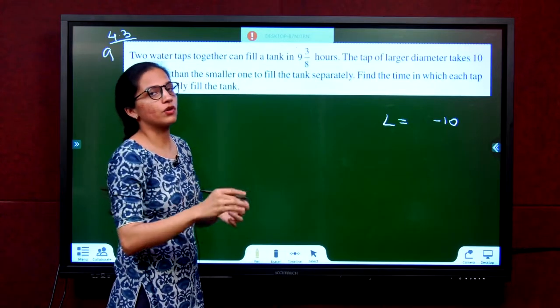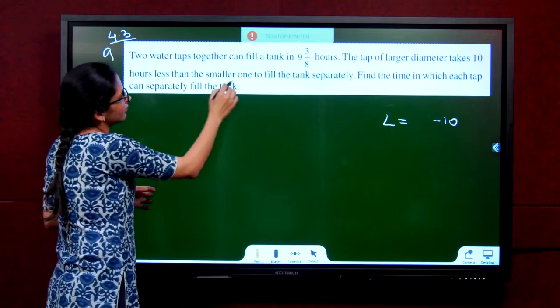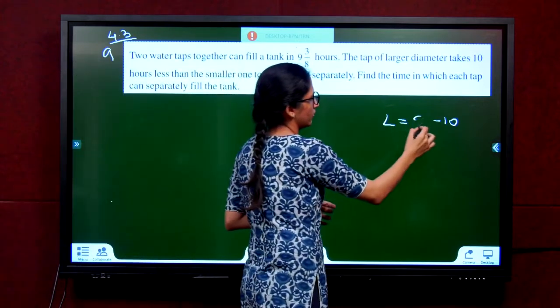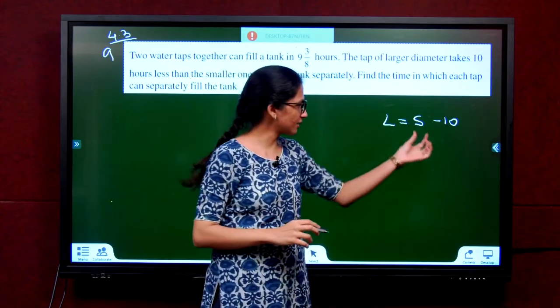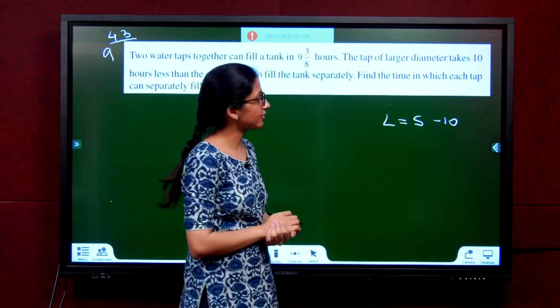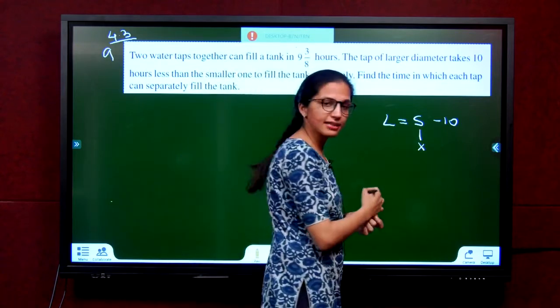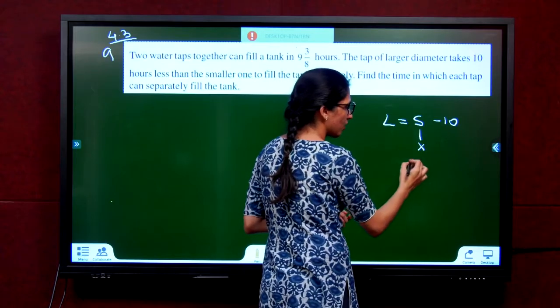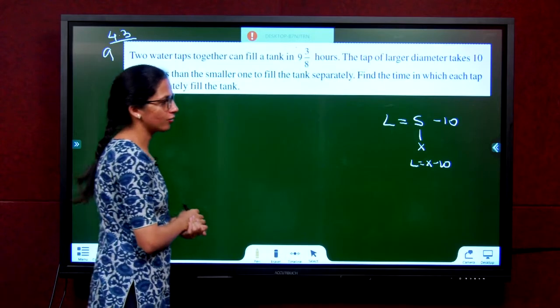Is 5 more, is less than 5. Less than the smaller one. So can I say L is equal to S minus 10, if S is the time taken by the smaller one? Yes. So now who do we take as X? We've learnt the technique. We take this as X. So if S is X, what will be L? X minus 10. I hope you all agree.